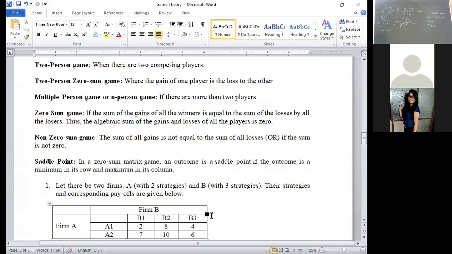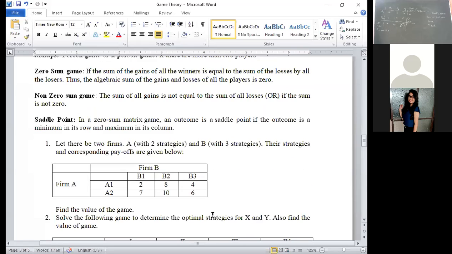Understood? Any query? Finally, value of the game, what we have to write? Finally, value of the game is equal to 6. These type of problems they won't give in the final examination, just for understanding purpose. Whatever the game they will give, for every row you have to find out the minimum value. For every column you have to choose the maximum value.